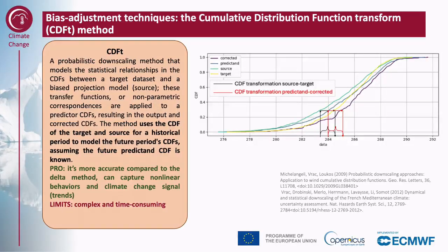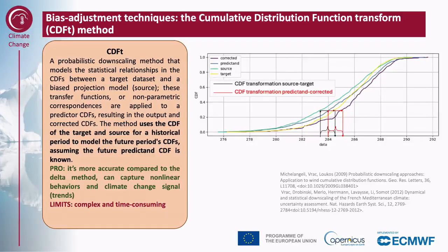These non-parametric correspondences, or transfer functions, are applied to a predictant CDF to obtain the corrected output. In particular, the method uses the CDFs of target and source in a common historical period to model the future period CDFs, assuming that the future predictant CDF is known, as shown in the picture.